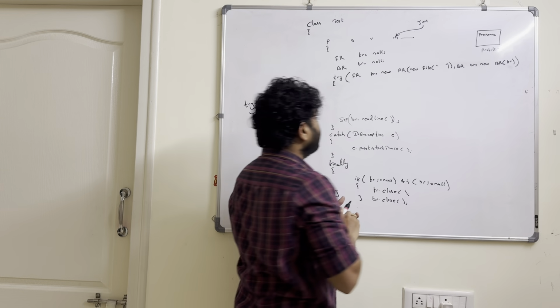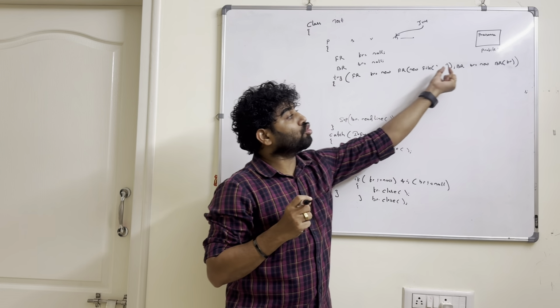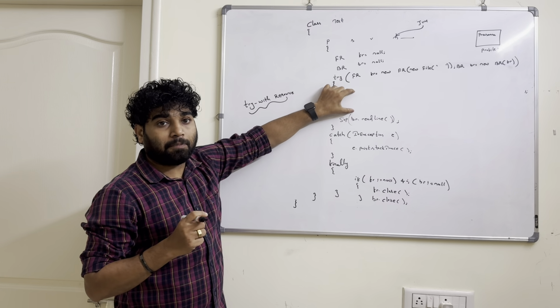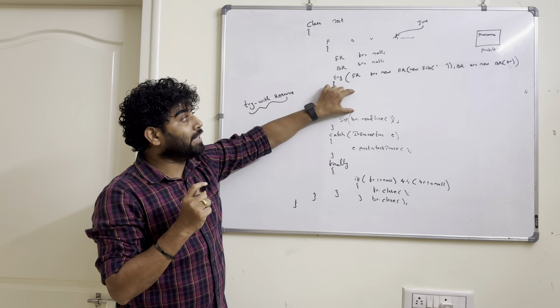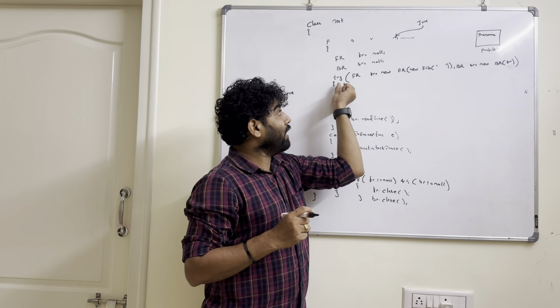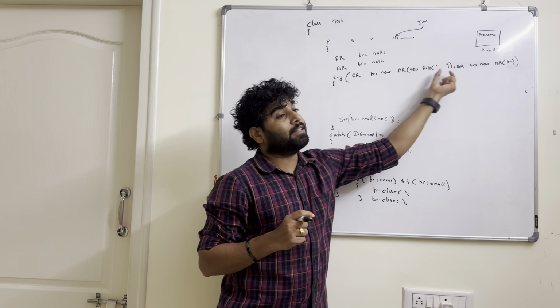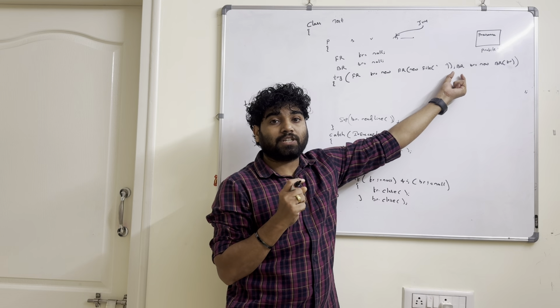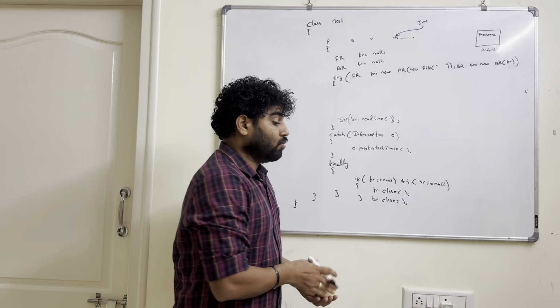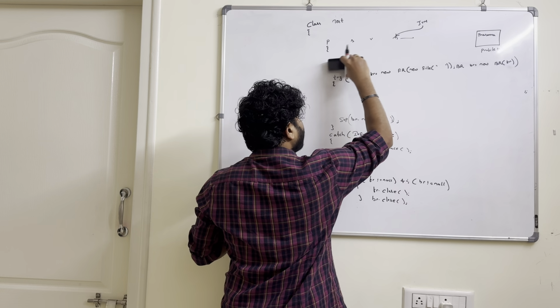So if you see here, now we are not creating the resource object inside the try block. We are creating the resource object with the try itself. While defining the try, we are defining the resource objects, so we no longer need to write the file reader and buffered reader inside the block.